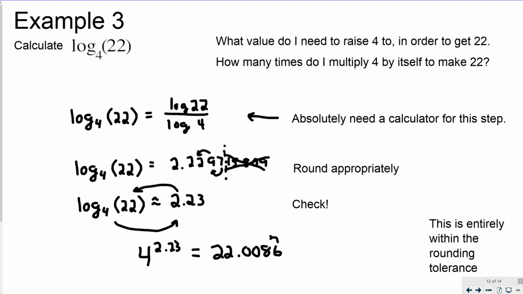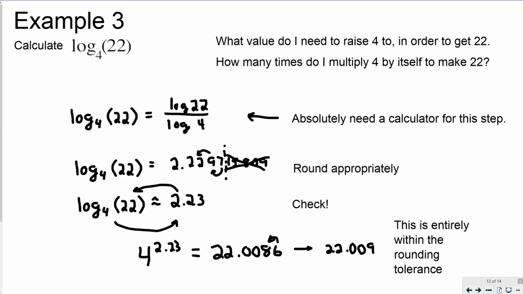Then we're going to start rounding. The 6 is going to round the 8 up to a 9, so we get 22.009. If you are within a couple hundredths of the answer, like 22 here, that is entirely within the rounding tolerance.